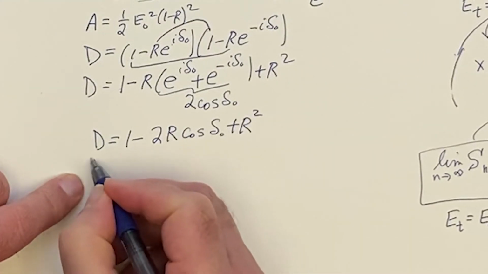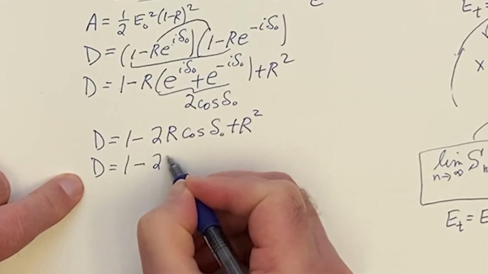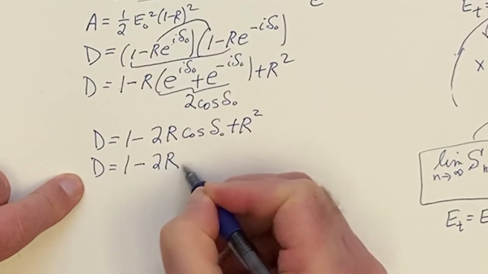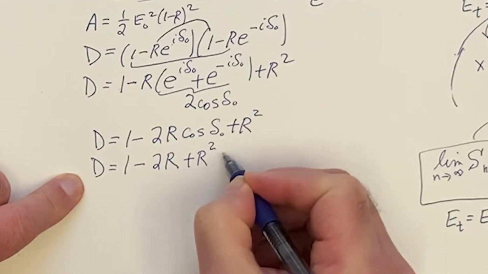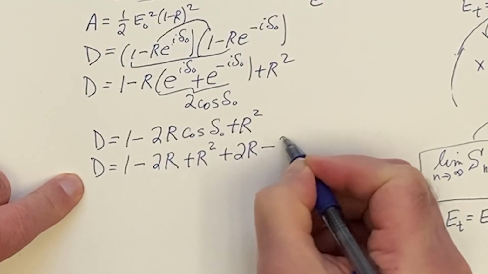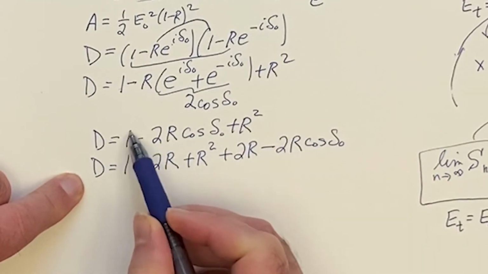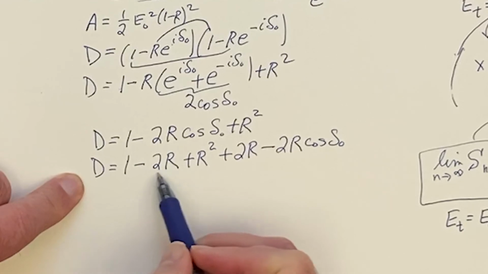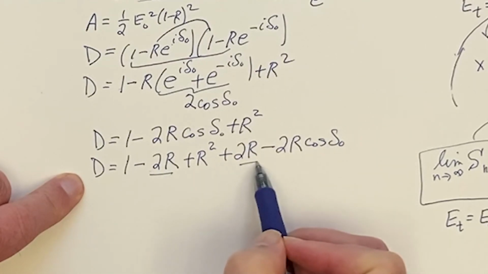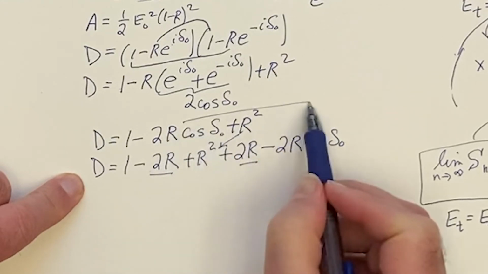And now I'm going to do a little manipulation here by subtracting 2R, and I'm going to add 2R and rearrange the terms slightly. So here I have this 1 there. I put in a minus 2R, and I'll have to add 2R somewhere. Then I put this R squared here, and then this one came over to there.